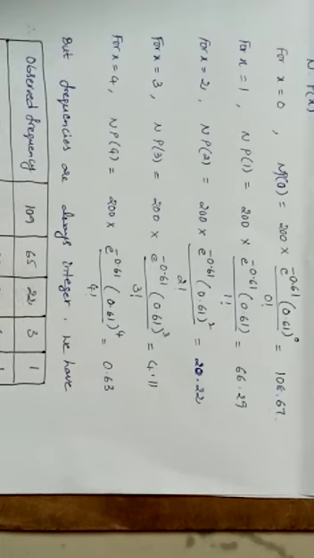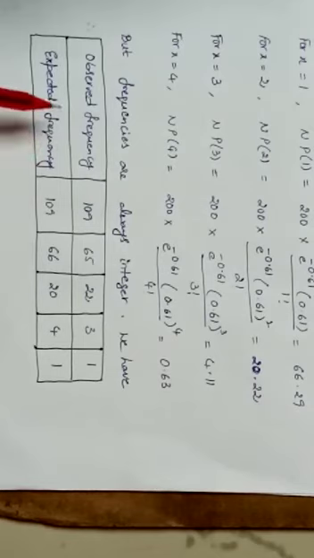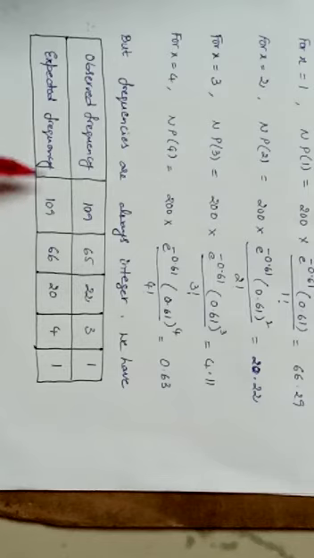Finally, we have to conclude by comparing the observed frequency and the expected frequency. The observed frequency is given in the table as 109, 65, 22, 3, 1. The expected frequency we got from the Poisson distribution for x values 0 to 5 is 109, 66, 20, 4, 1.